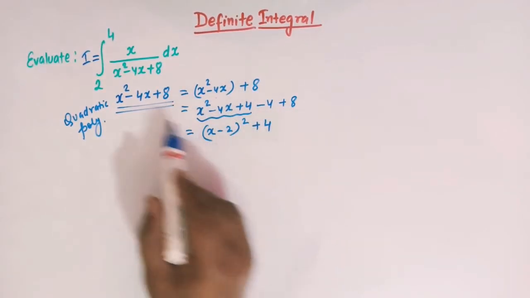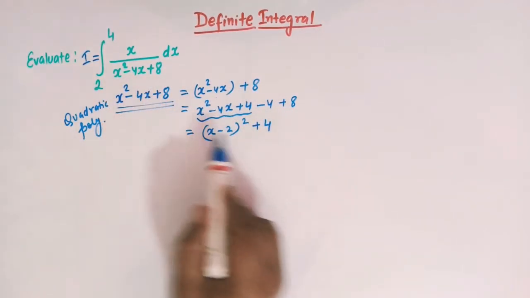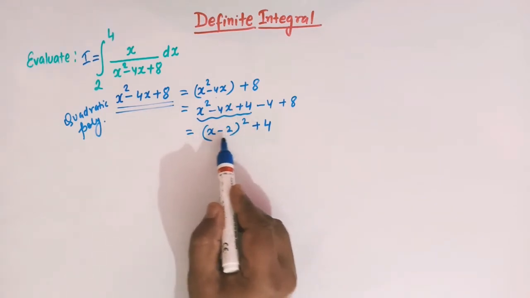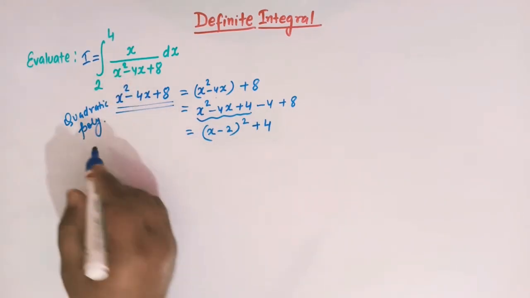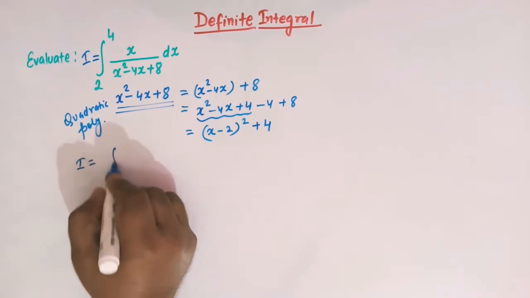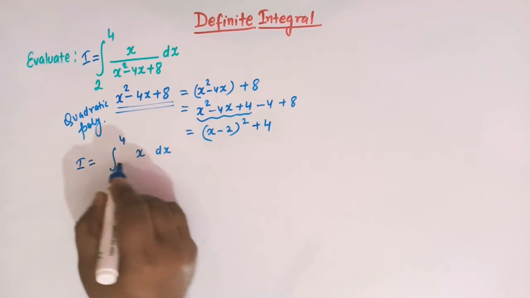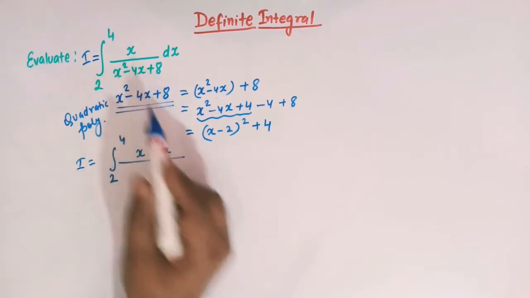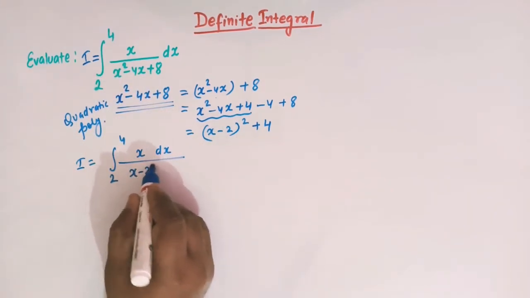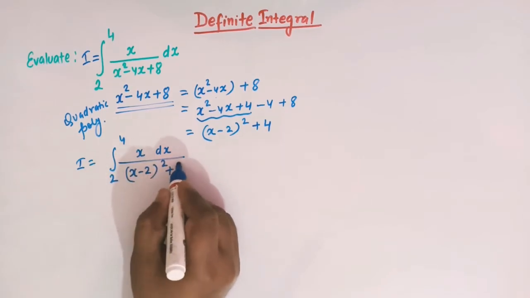So once we have written this quadratic polynomial in this form, we can write I is equal to integral from 2 to 4 of x dx, and in the denominator we have x minus 2 square plus 4.